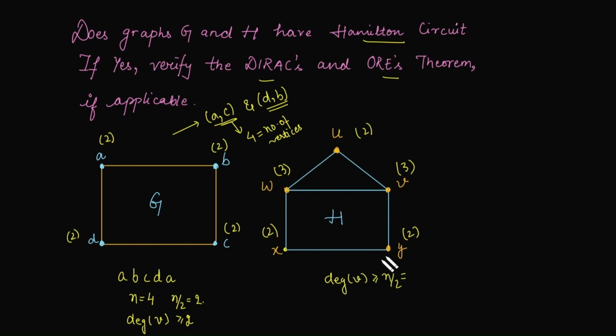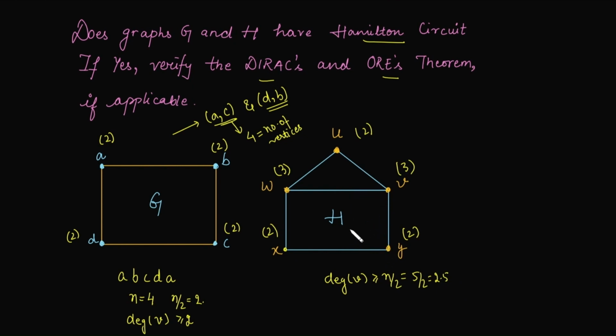In this case n is 5, so 5/2 is equal to 2.5. Is the degree of each vertex greater than or equal to 2.5? The answer is no, because there exist 3 vertices, u, x and y, whose degree is not greater than 2.5. It means Dirac's theorem is not applicable in this case to conclude that the graph has a Hamilton circuit.